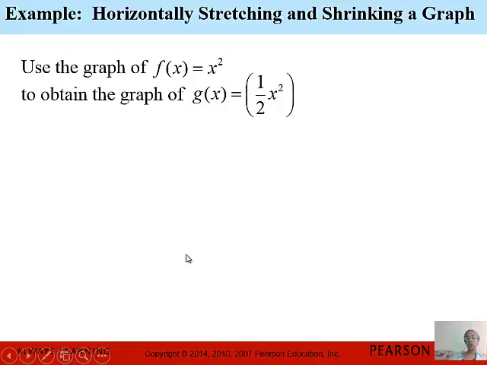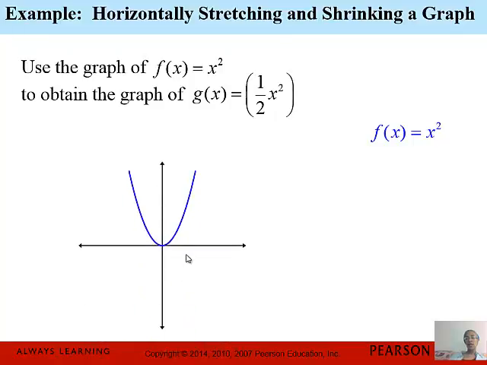So let's look at an example of this. Let's use f of x equals x squared to get the graph of g of x equals 1/2 x squared. So here's f of x equals x squared.